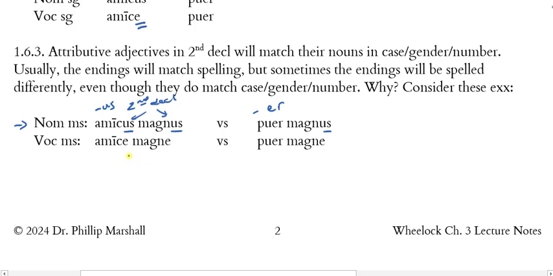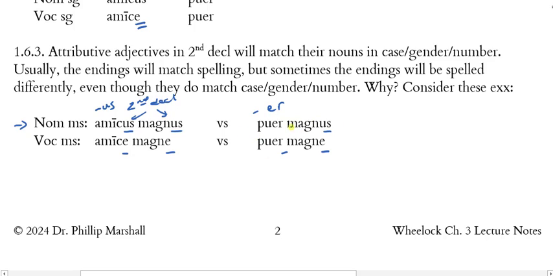And I want you to notice again that with amicus, we get amice in vocative, and the magnus form matches, magne, so amice magne, so this is "oh great friend." But notice that puer magne in vocative masculine singular does not have that matching ending. And why is that? Again, it's the difference between us nouns and er nouns, right?